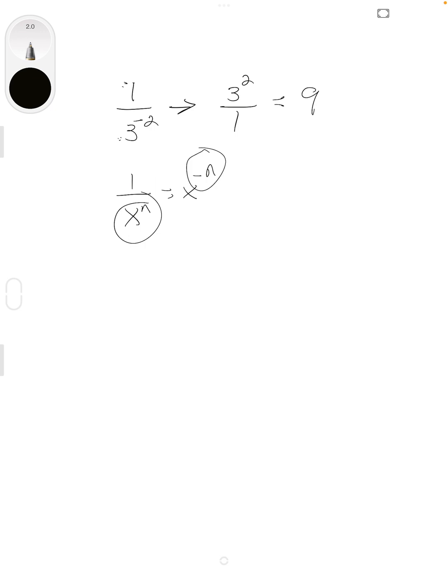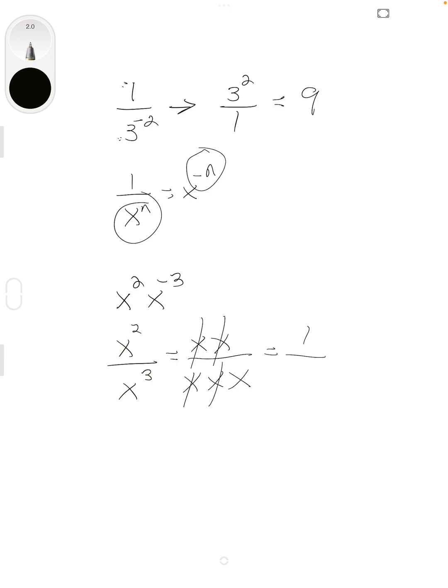Let's say you had something like x squared times x to the negative 3. And you go, I don't know. Well, that's x squared over x to the third. If you think about it, that's x times x. This is x times x times x. Cancel, cancel, cancel, cancel. The answer is 1 over x.